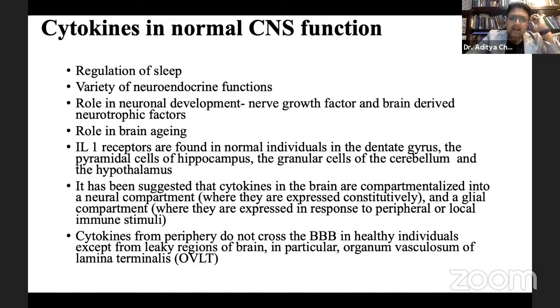However, we all know the leaky areas of the brain. There are 3 or 4 leaky areas in the brain where the blood-brain barrier is compromised in a normal individual. The organum vasculosum of the lamina terminalis is the most common site where cytokines from the periphery can cross the blood-brain barrier even in normal individuals.